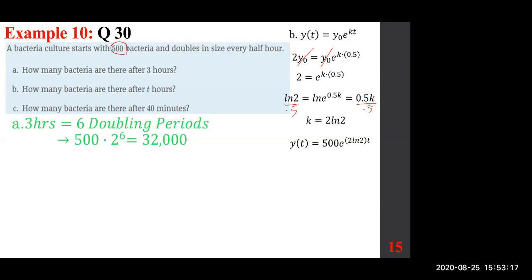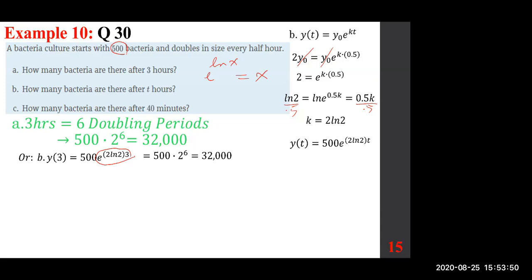And so if we go this route, take a look at what happens to part A. We want y of 3, which is 500 e to the power of 2 ln 2 to the power of 3. And I hope you can see that this part is the same as 2 to the power of 6. Why is that? I hope you remember that e to the power of ln x equals x.